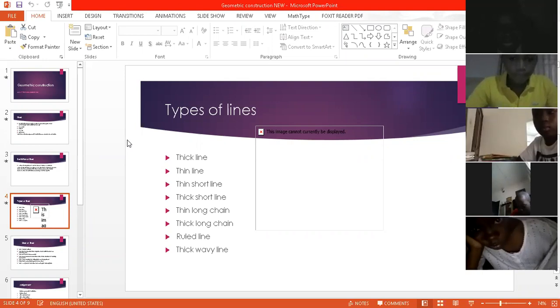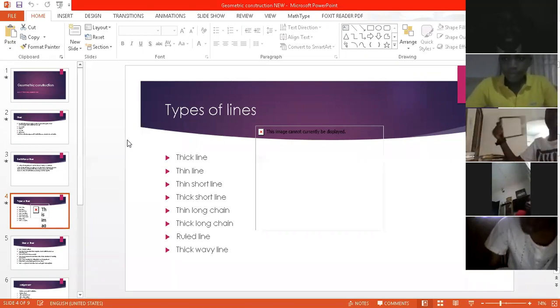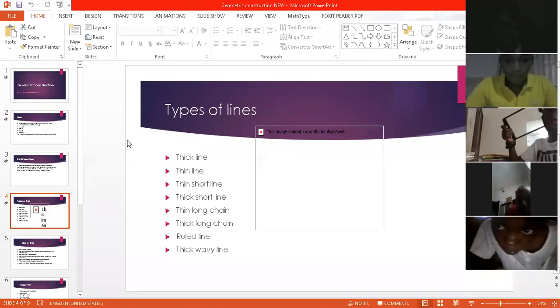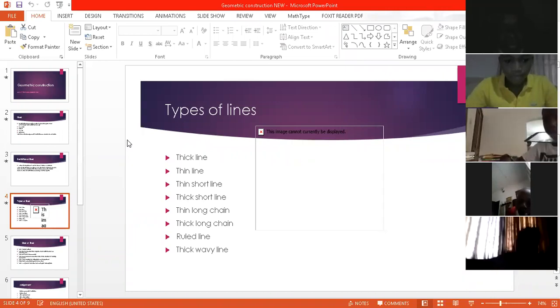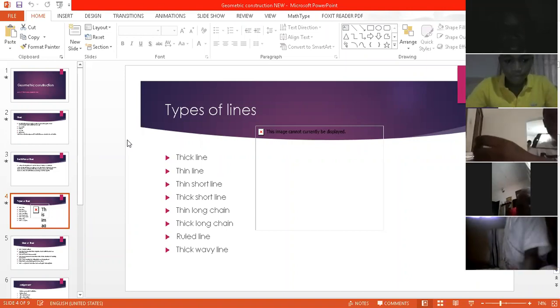Now let's go to the other one. This one is thin, long chain. This one, you extend the line a little bit, you give space, extend it a little bit, and you give space. But make it very thin. It has to be thin, not thick. If you have done that also, just type in yes.